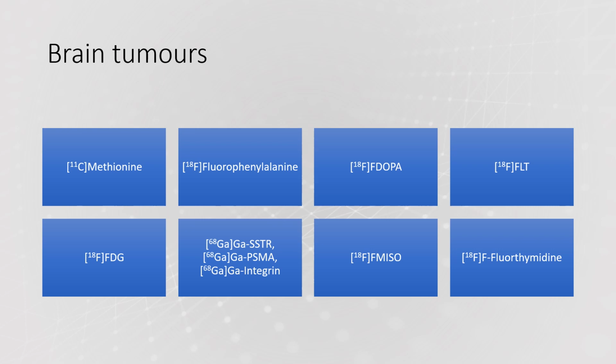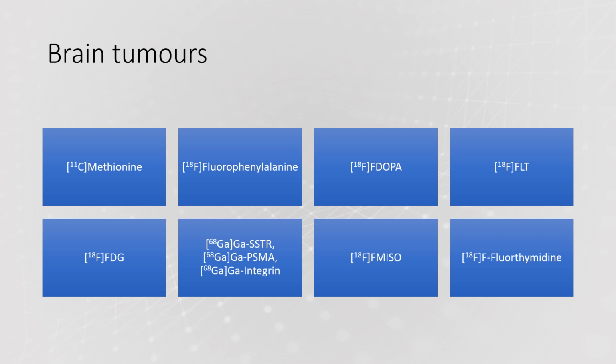Brain tumors intersect a lot with just normal tumor imaging. So for brain tumors like glioma and glioblastoma, the following tracers are very useful. The amino acid tracers, also some peptide-based tracers when the blood-brain barrier is broken.